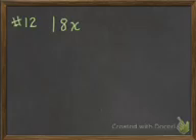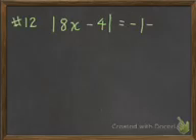Question number 12. The absolute value of 8x minus 4 equals minus the absolute value of negative 1.